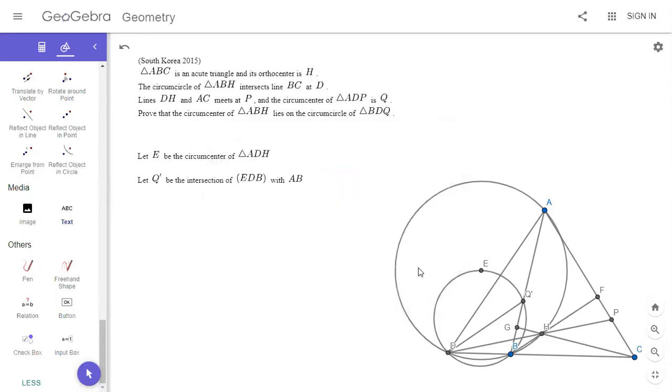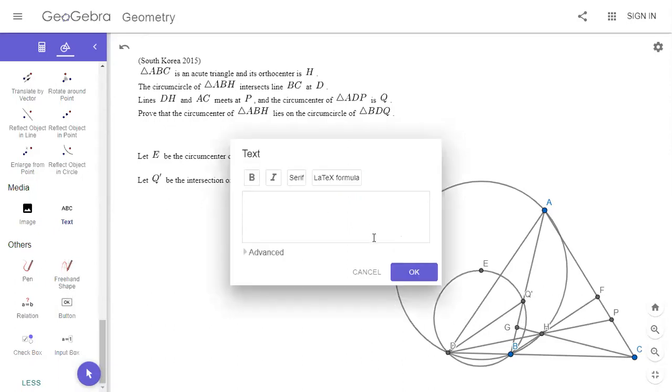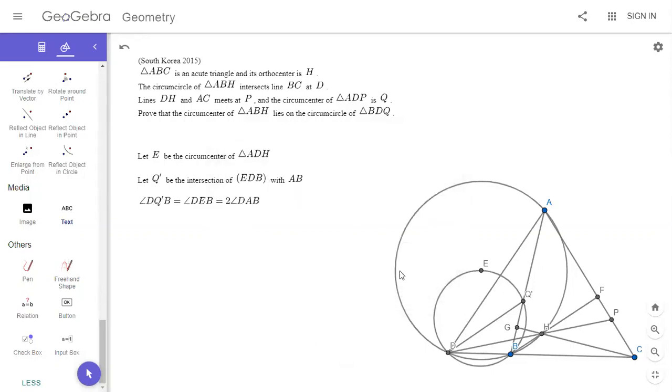And then first we can do a little angle chase here. So angle DQ prime B is equal to angle DEB, which is twice angle DAB, so basically that means Q prime DA is isosceles.